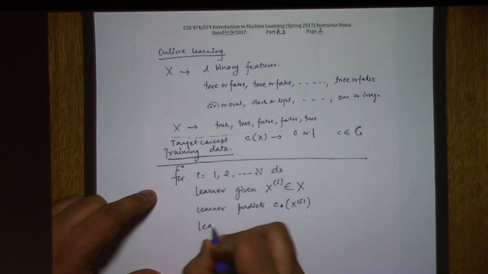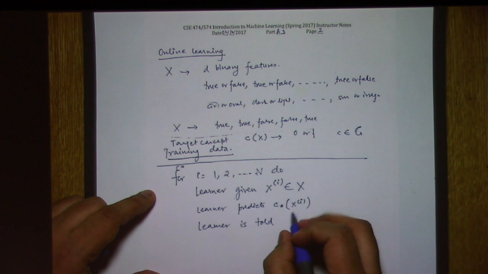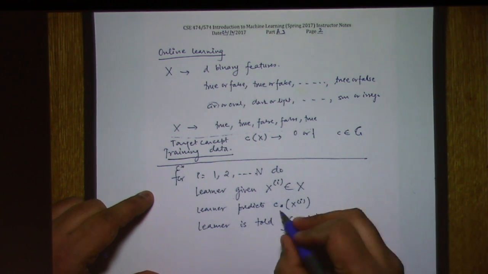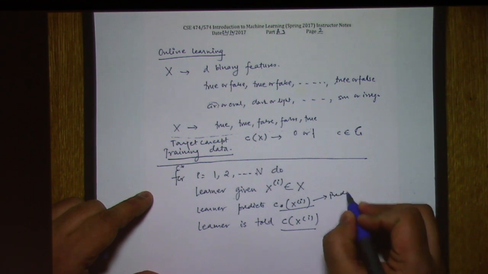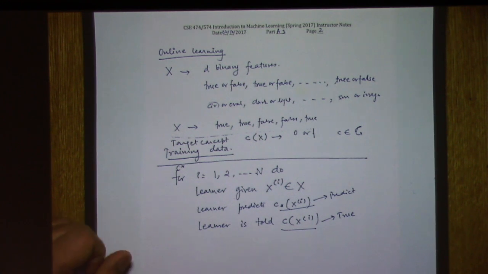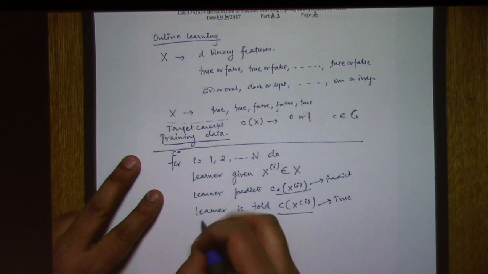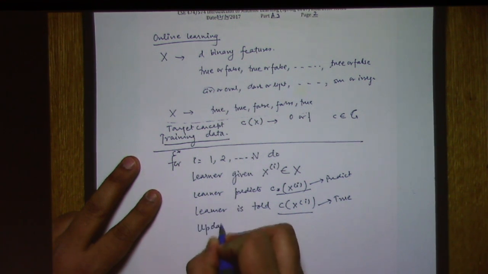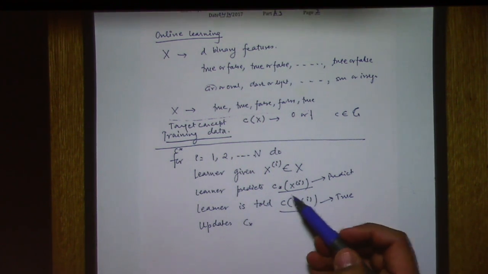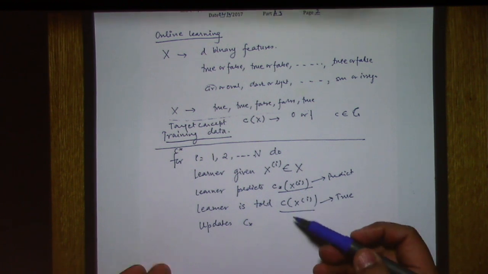And then the learner is told C of x of i, which is the true value. So this is what you predict, and this is the truth. Now the learner, our machine learning algorithm, updates C star. Two things can happen: maybe it did not make a mistake, or maybe it made a mistake.